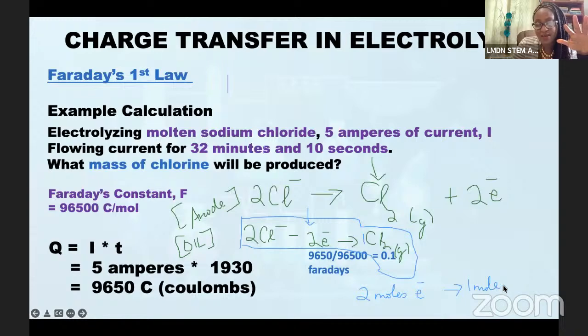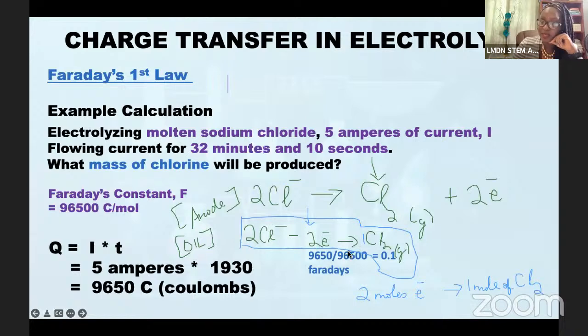Are you guys following that? If you're not following, let me know. 1 mole of Cl2. So we're going back to mole concept now. I said stoichiometric equations, moles is the language. If you see a number before any species, that's a mole. So 2 moles of electrons is what's giving us that 1 mole of chlorine molecule.